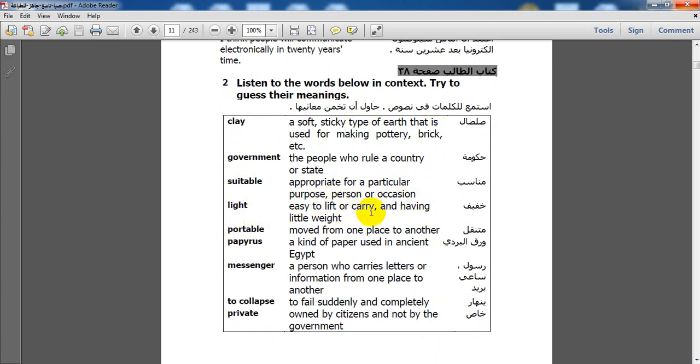Light, easy to lift or carry and having little weight. Portable, able to be moved from one place to another. Papyrus, a kind of paper used in ancient Egypt. Messenger, a person who carries letters or information from one place to another. To collapse, to fall suddenly and completely. Private, owned by citizens and not by the government.